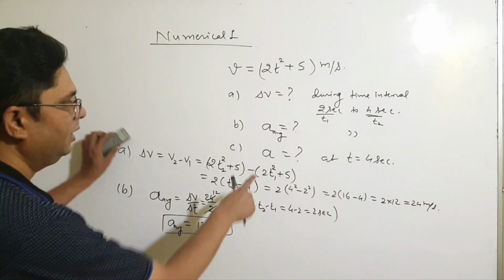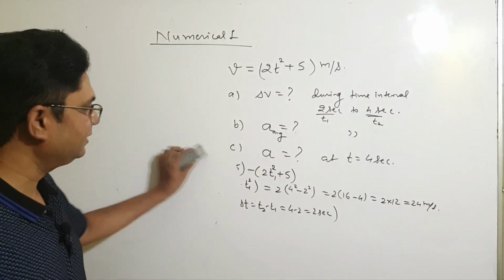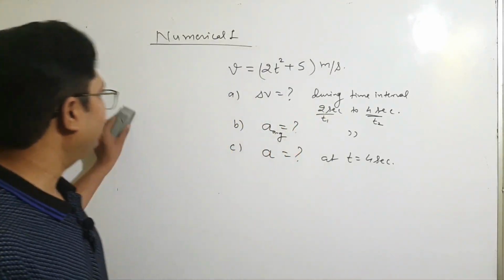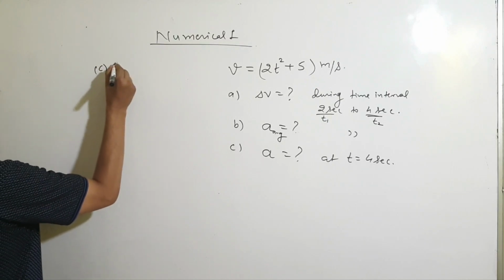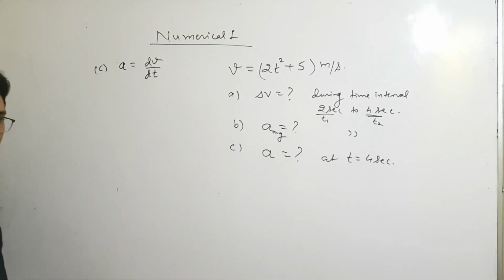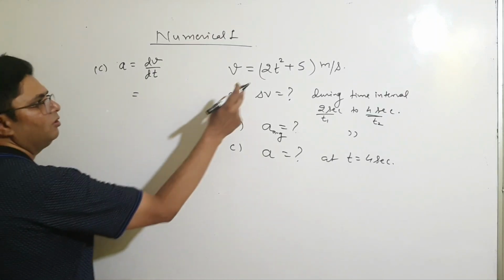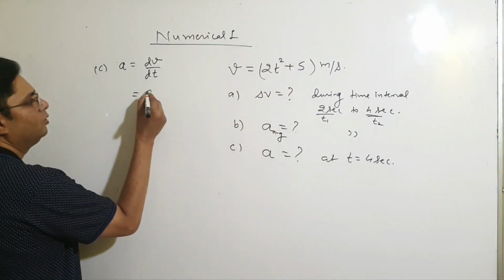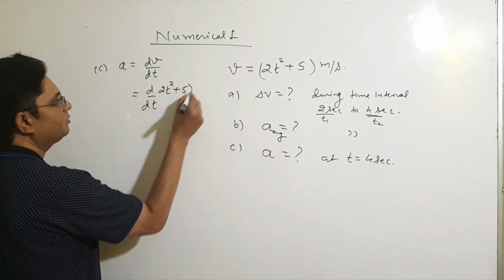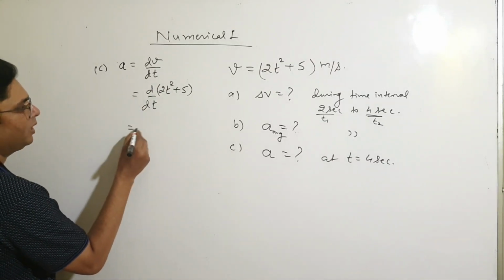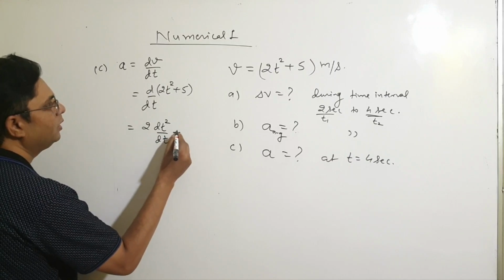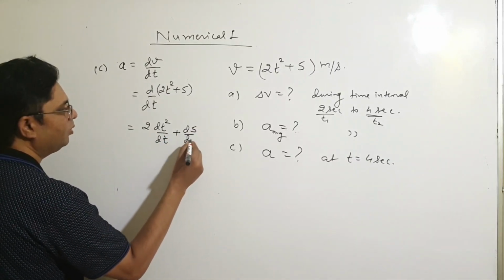Now you have to find number c, the instantaneous acceleration at t equal to 4 seconds. So a equals dv upon dt. This is differentiation. The value of v is 2t square plus 5, so d upon dt of 2t square plus 5. Differentiate it one by one: 2 d t square upon dt plus d 5 upon dt.